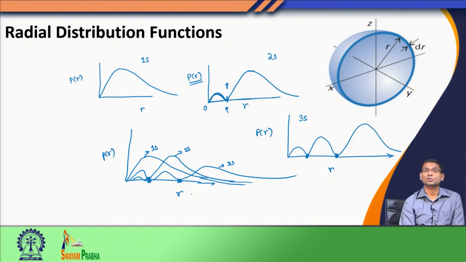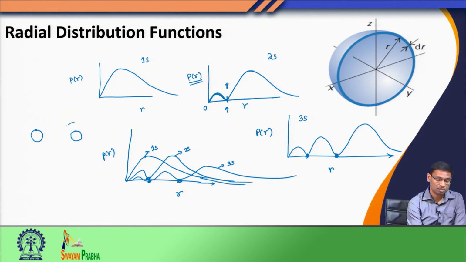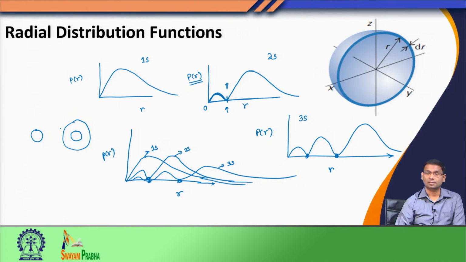This radial distribution function beautifully depicts the shell model of the atom that we are very familiar with. So, what does this mean? This means the 1s orbital will be a sphere, and the 2s orbital will be a sphere inside another sphere.